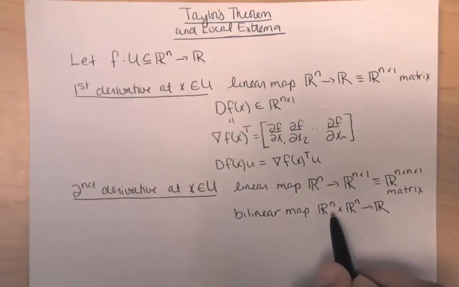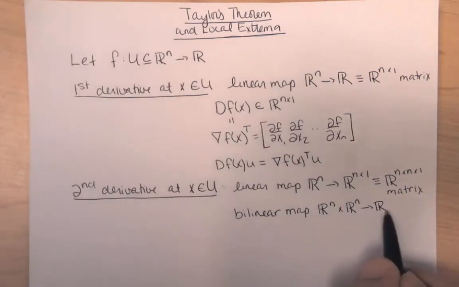That's what's represented by this Rn by Rn. I can input two different vectors and map them linearly to a number.